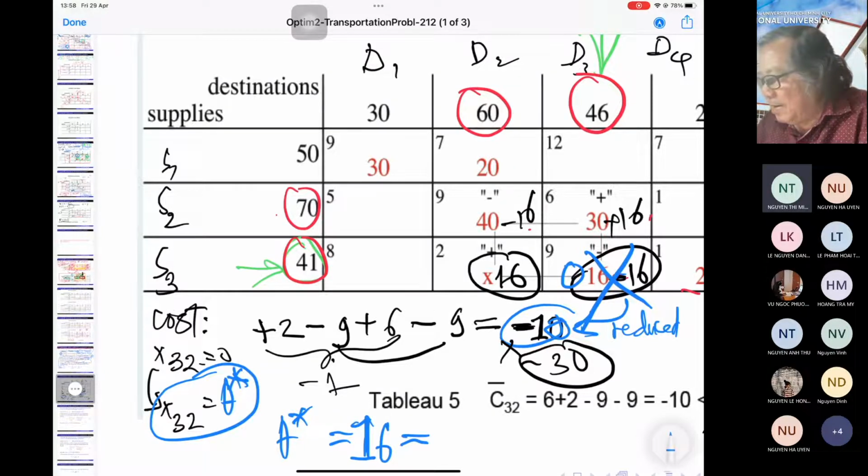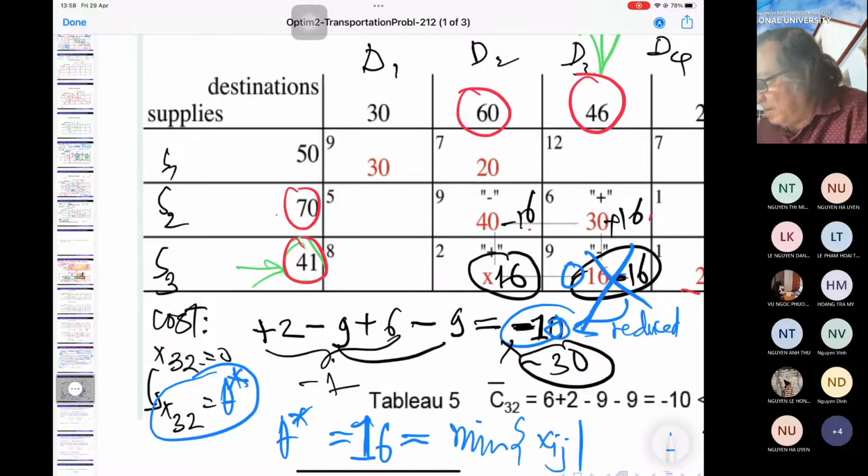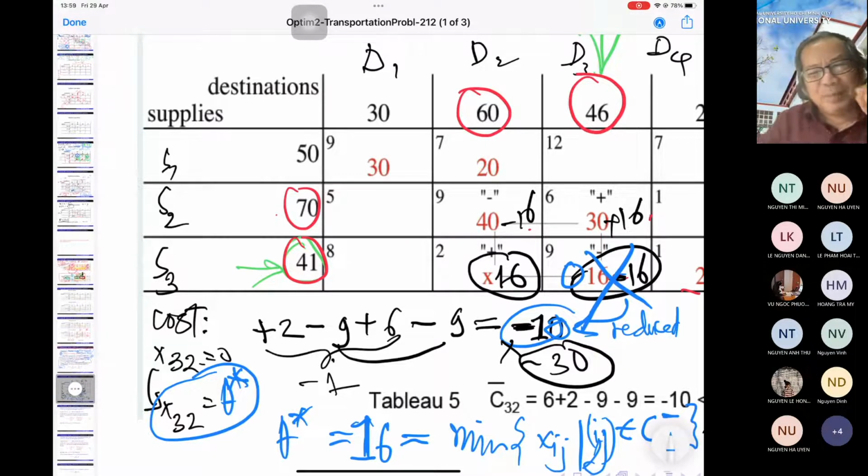In general, what is the formula? This is the minimum of all xij with ij which has the sign minus, which means it belongs to C minus. You see? In the cycle, the set of all the cells with the minus sign, we call it C minus.